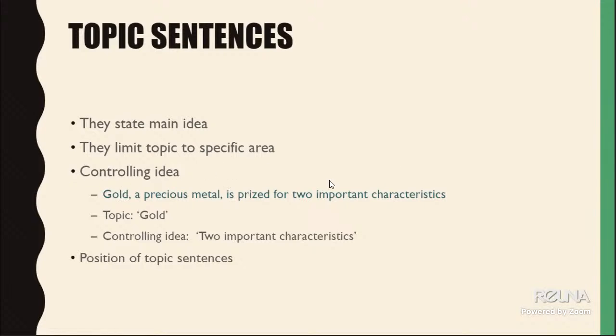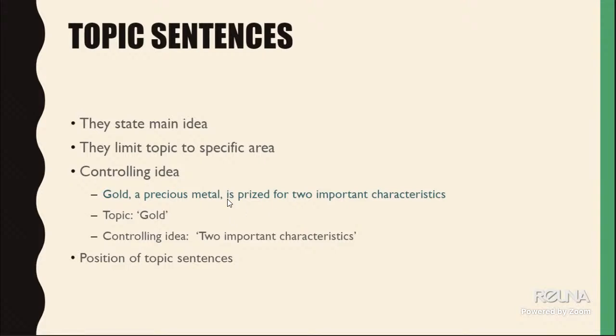But within this topic sentence, we got the topic, which is gold, and the controlling idea. We may say that the topic is gold, a precious metal, right? And then the controlling idea is two important characteristics, or I would say is priced for two important characteristics, okay?